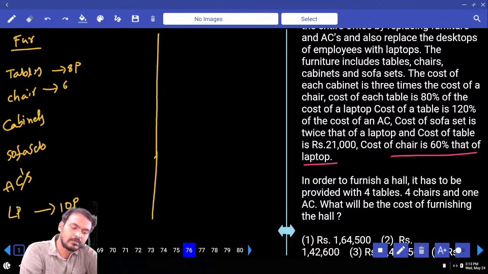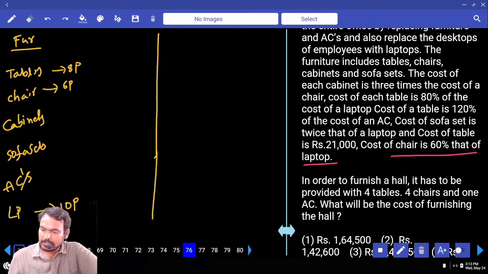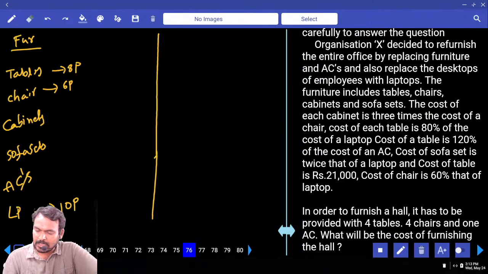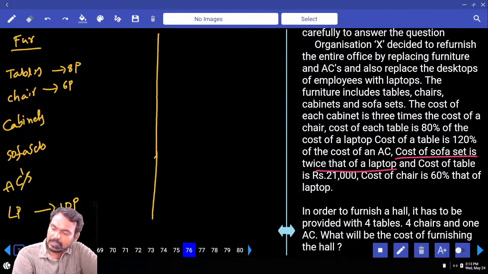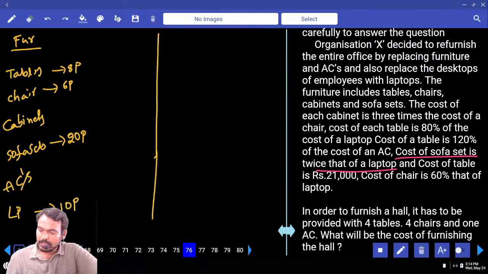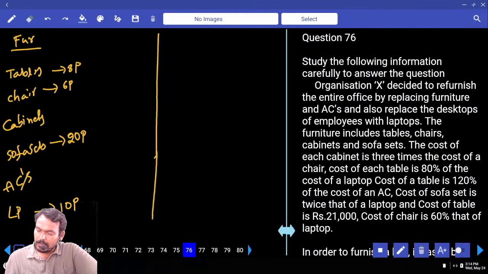Chair is how many parts? 6 parts. Next, cost of a sofa set is twice that of which one? Laptop. Sofa set 20 parts or 10 parts? 20 parts.